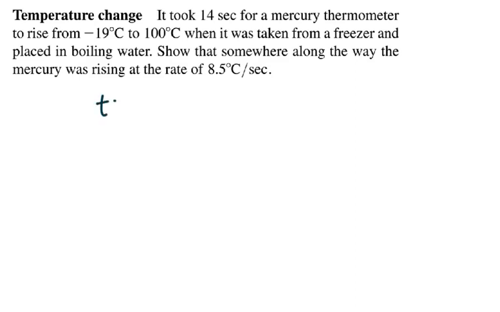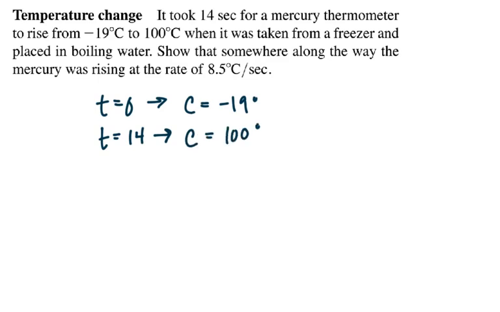So in this case we'll say t equals 0, and that gives us negative 19 degrees Celsius. And t equals 14 gives us positive 100 degrees Celsius. So thinking about that as ordered pairs and using time as my x value, I have (0, -19) and (14, 100).